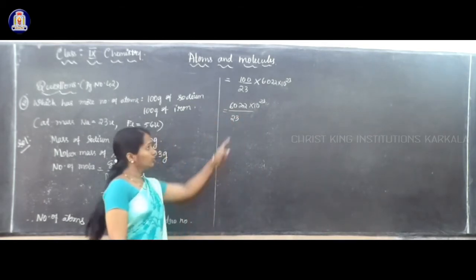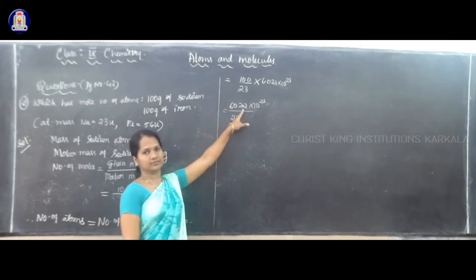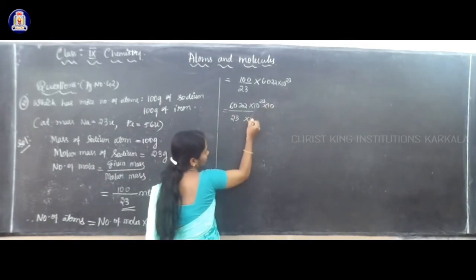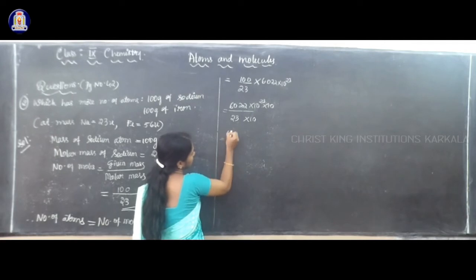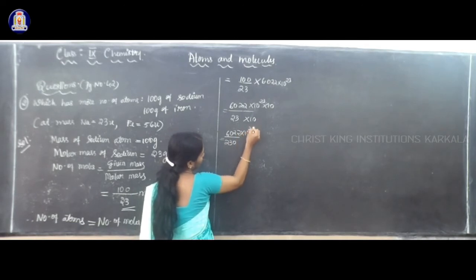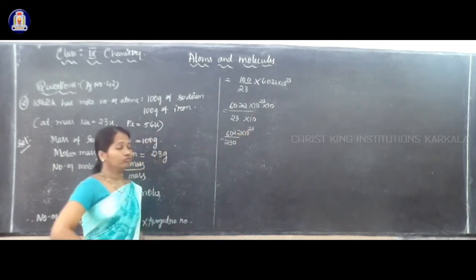Now remove this decimal place: you have to multiply by 10, and the denominator also by 10. You will get 6022 divided by 230 into 10 to the power 23. Now we have to divide.